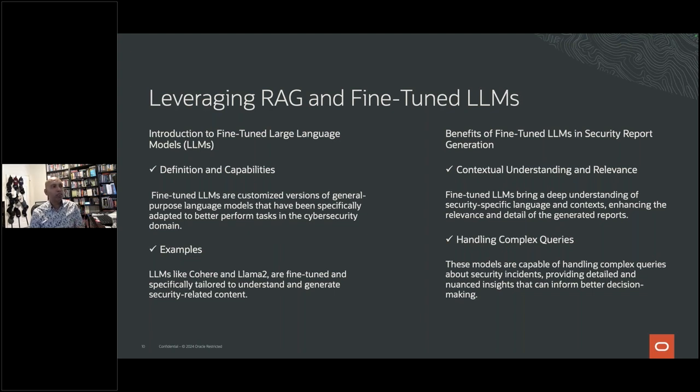We are now working with the Llama 3, and we have fine-tuned them with historical security and network data to specifically understand and generate security related contents. Basically, we have changed some of the weights and biases of the model, right?